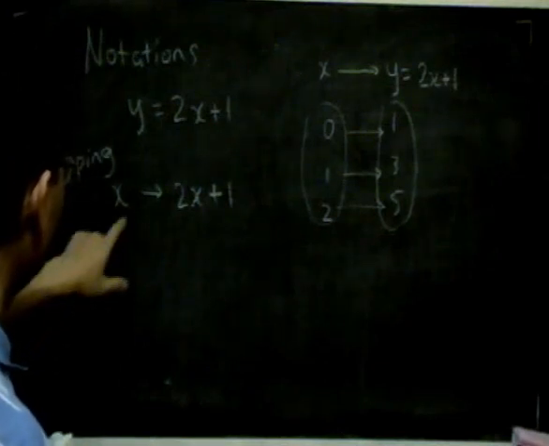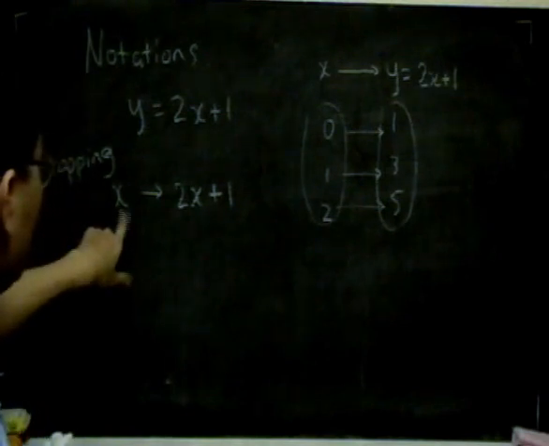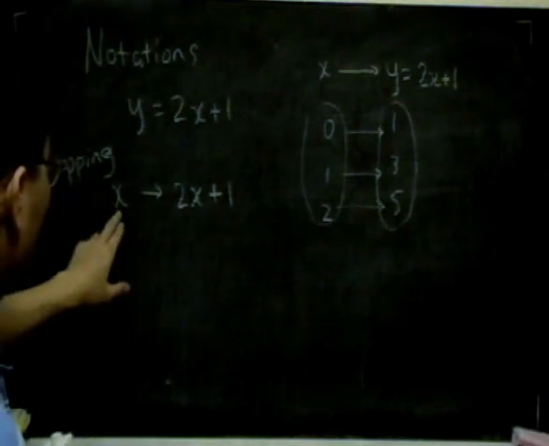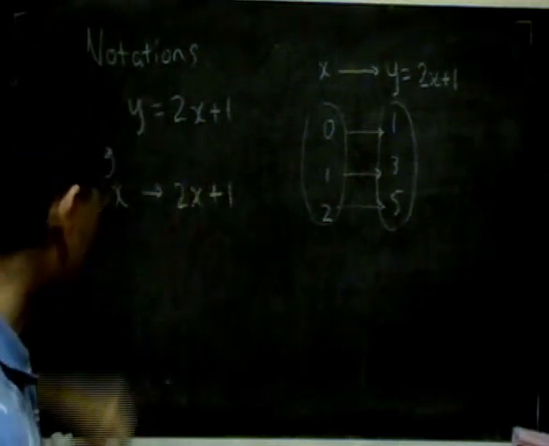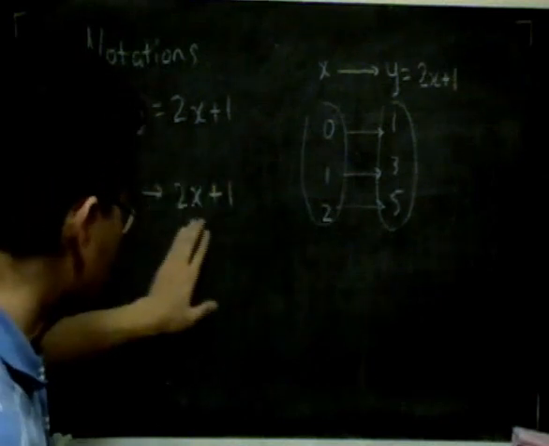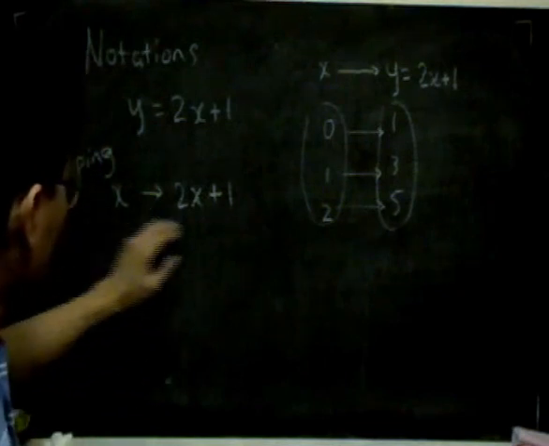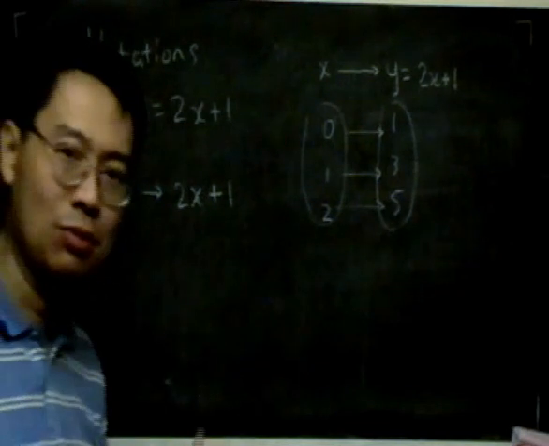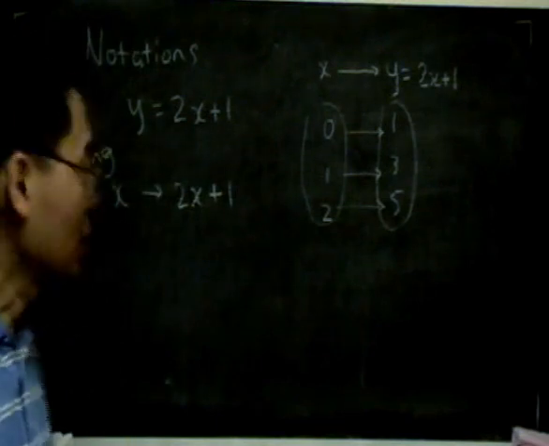But let me just call this a mapping for now. So for this mapping, it tells us that if you have a particular value of x, you can use this notation to calculate the value that x will be mapped onto. So this is just, if you like, a rather more abstract way of writing the same equation.